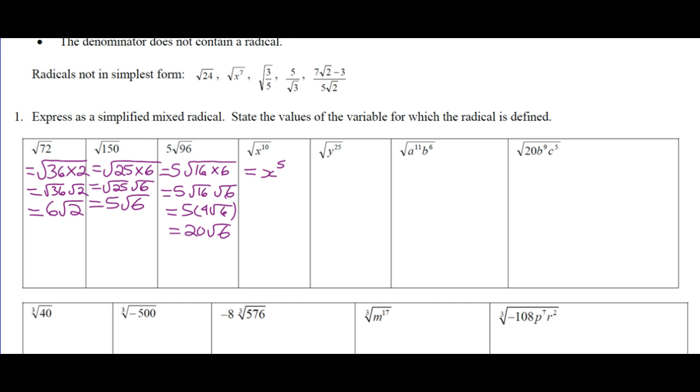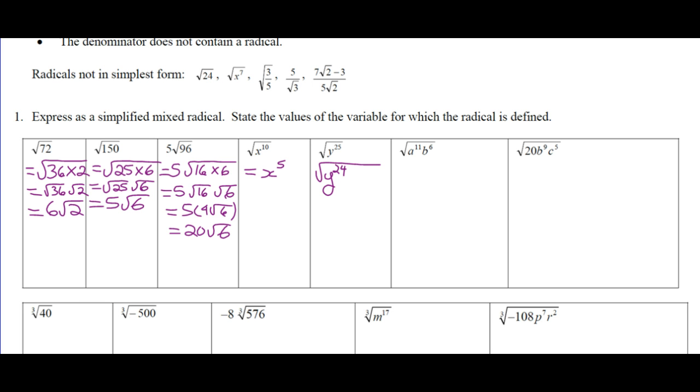So we're going to rewrite this using the largest even number less than 25. If this were a cube root, it would be the largest multiple of 3 less than 25, which is still 24. If this were a fourth root, it would be the largest multiple of 4 less than 25, which is still 24. If this were a fifth root, it would just be y to the 5th, because you can divide 25 by 5.